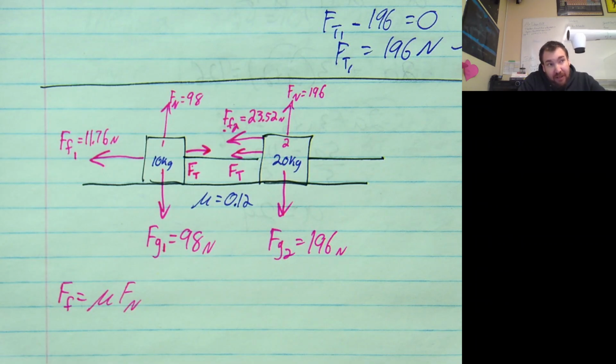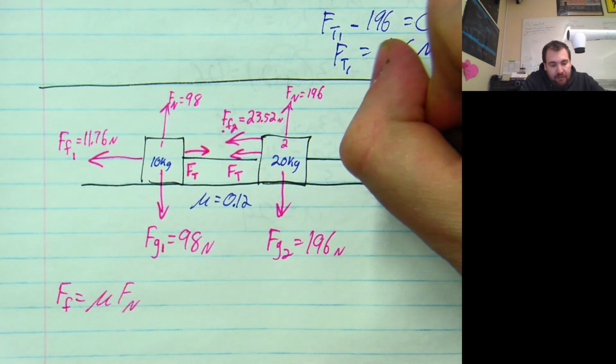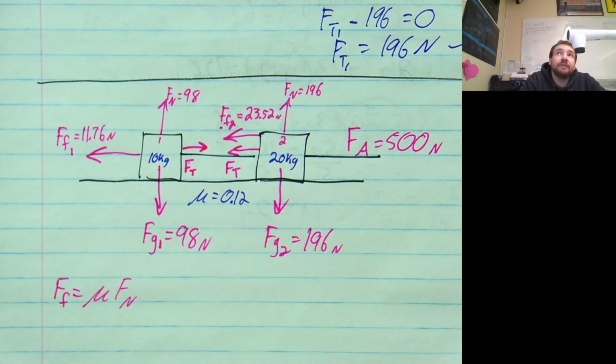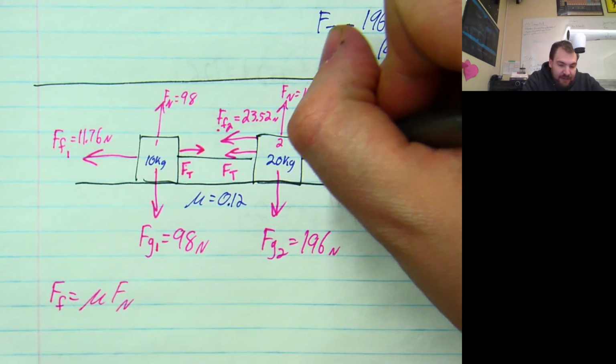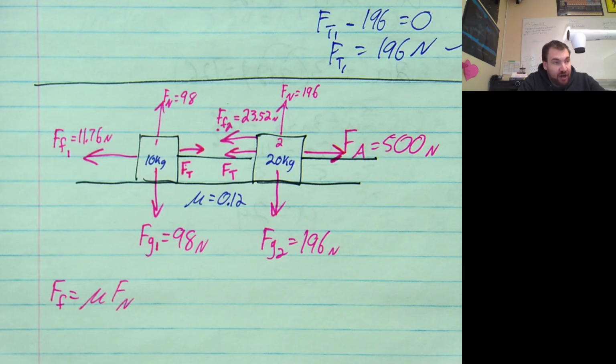I'm going to call it an applied force, just for the sake of keeping things straight here, because that's the force that's being applied to the system. That guy's going that way. So those are all of the forces acting on these objects.